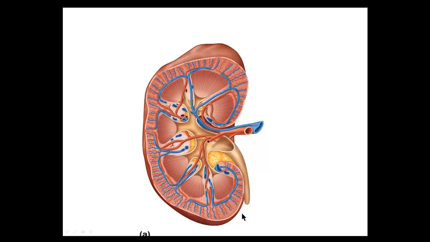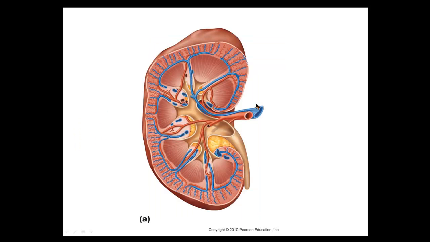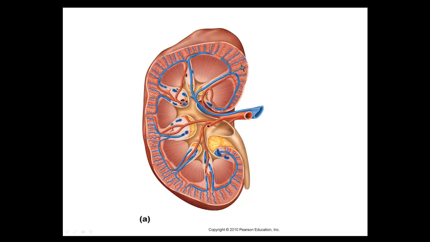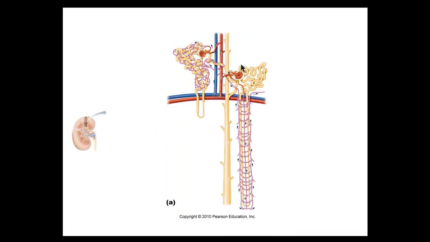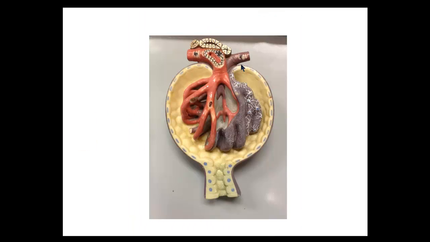And then if we get down looking at the microscopic units of the kidney, out here in the cortex are these small circular structures which are called a renal corpuscle. And it's not shown in this diagram here, but I do have a picture of one in Dropbox that you can look at. But out in the cortex are these rounded spherical structures.